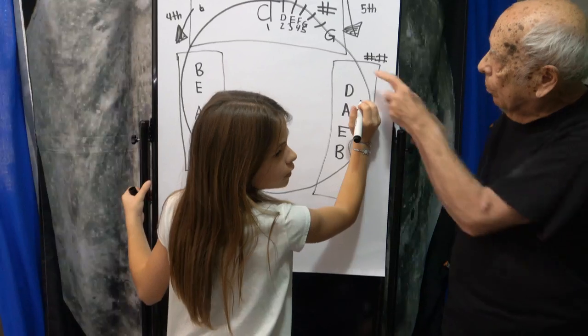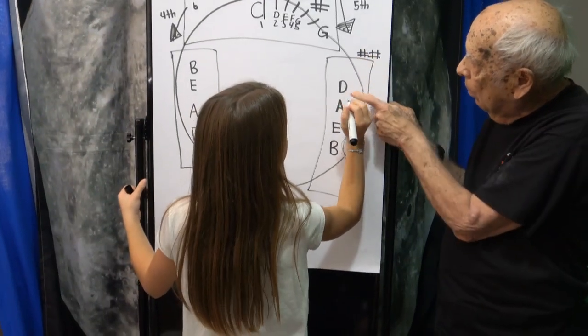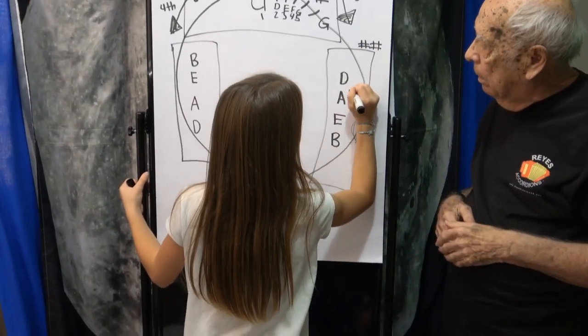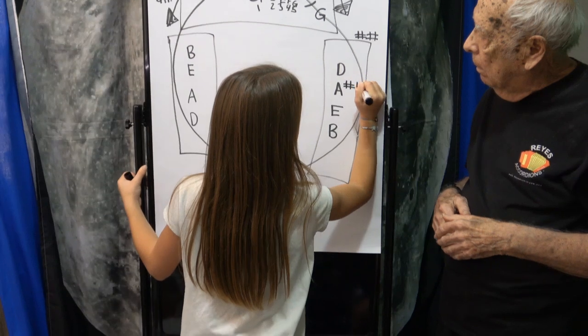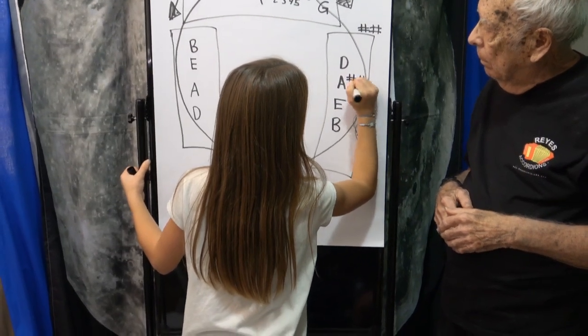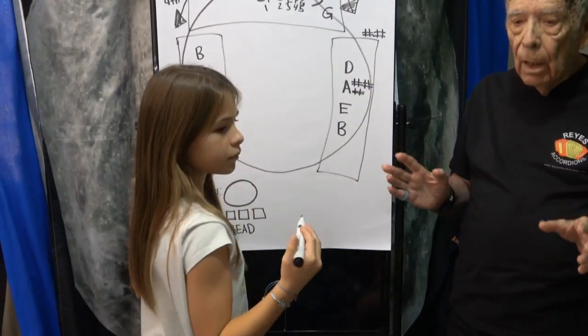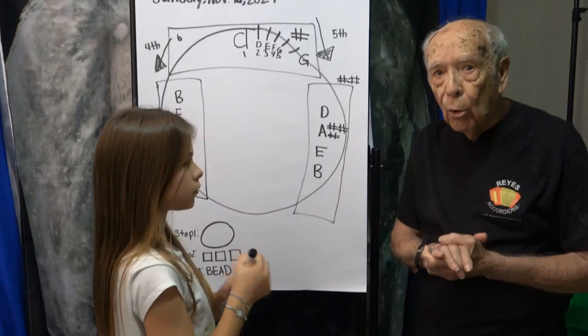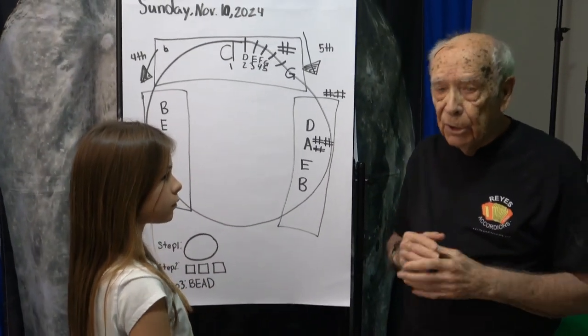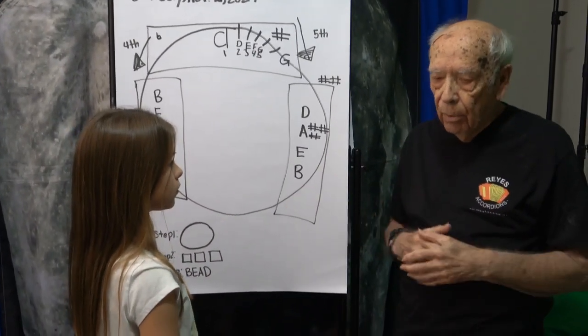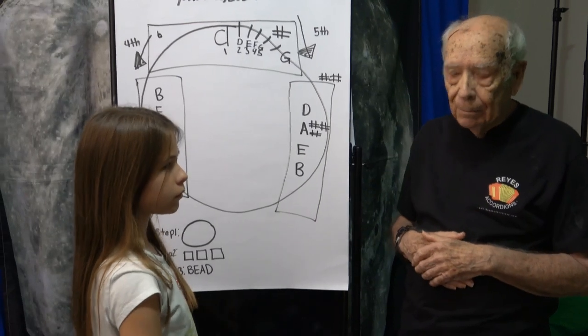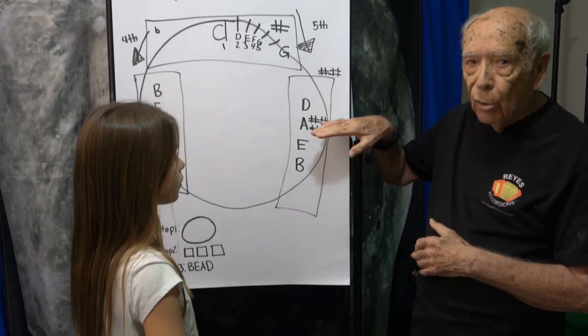Three of these. Now this is all that she needs to know. This is all that most musicians need to know, probably through high school band. You need to know three sharps.